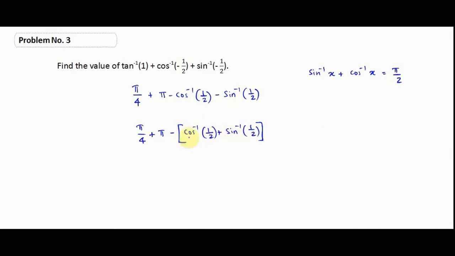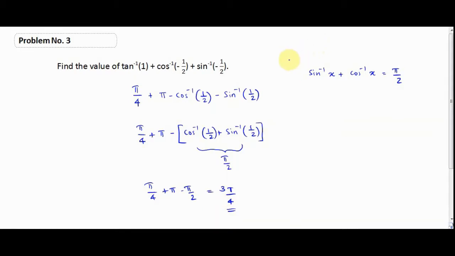Here we have cos inverse of 1 by 2 plus sine inverse of 1 by 2. The x values are same, so this expression can be reduced as pi by 2. We may simplify this expression as pi by 4 plus pi minus pi by 2. Here we have pi minus pi by 2, so that will be plus pi by 2 plus pi by 4. So we will get the answer as 3 pi by 4.